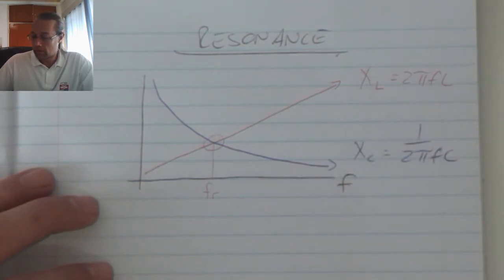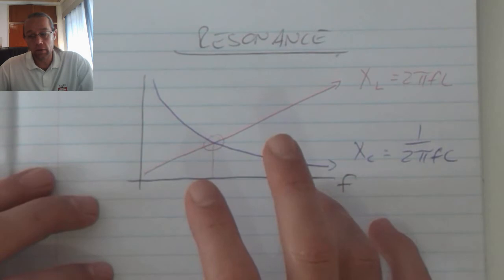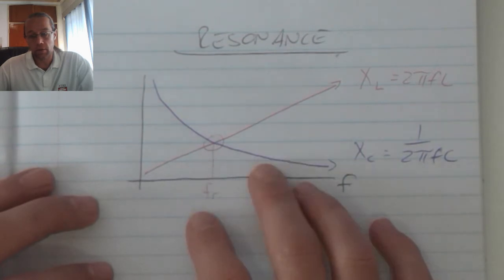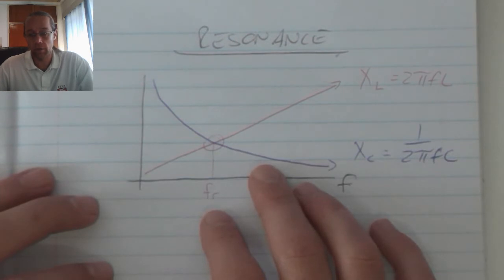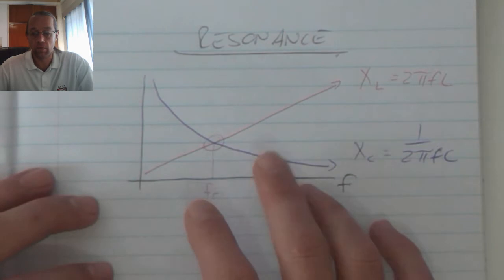We find in the resonant circuit, when it comes to series, that the impedance is at its lowest point, and as a result we will have a maximum current flow.